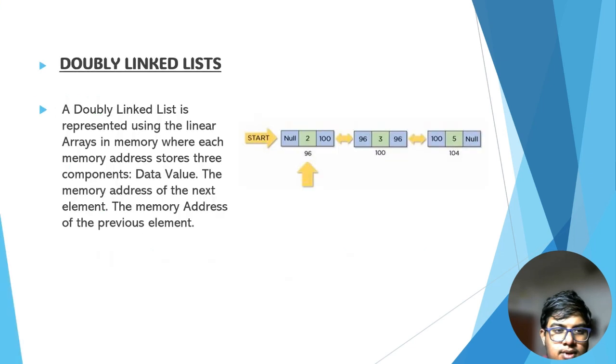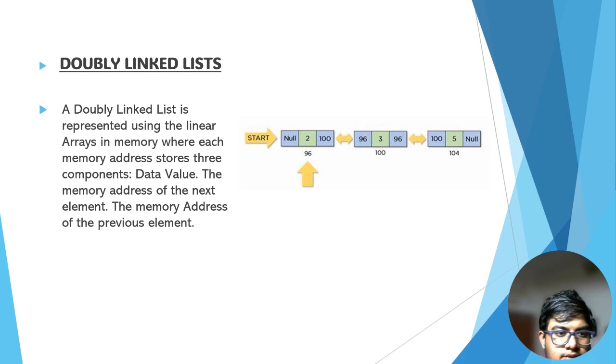Let's go to the next one. Doubly linked list. A doubly linked list is represented using a linear array, with arrays in memory where each memory address stores the three components.